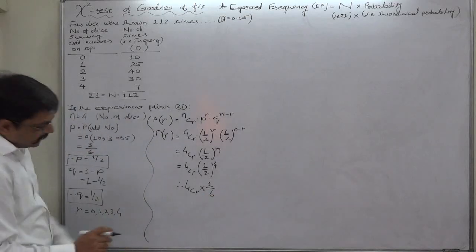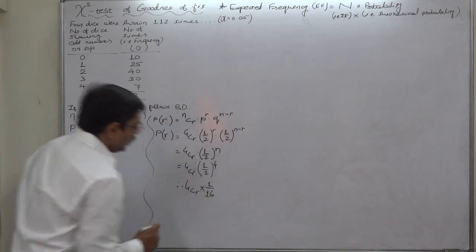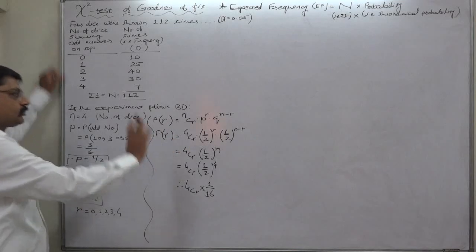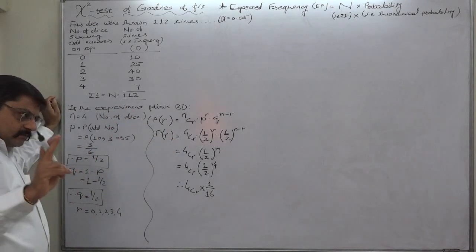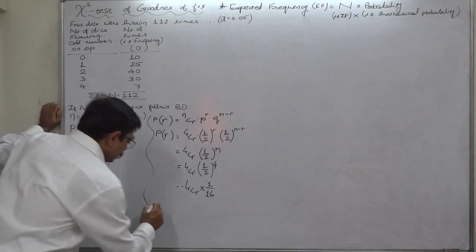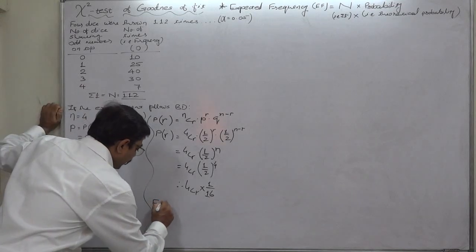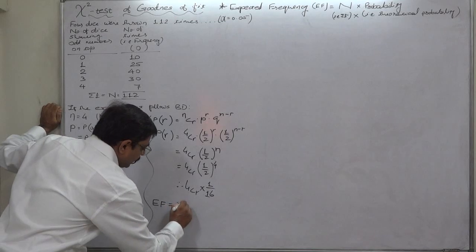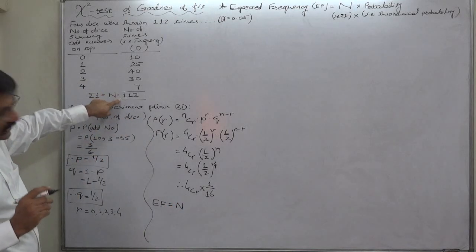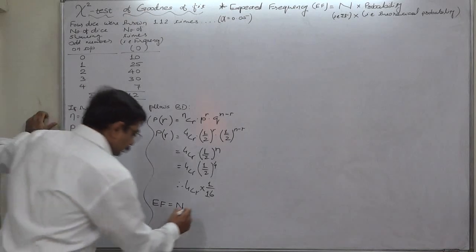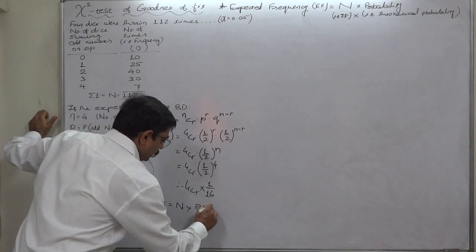Now our aim is to find out the expected frequencies on the basis of the binomial distribution formula so that we can test both the hypotheses. Expected frequency equals capital N, that is total number of times the experiment was performed, into probability.